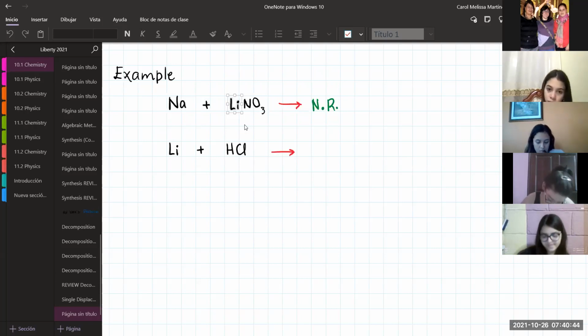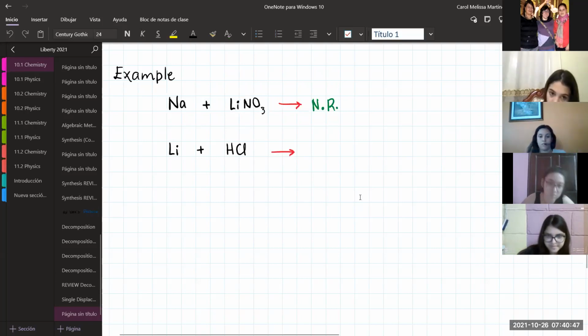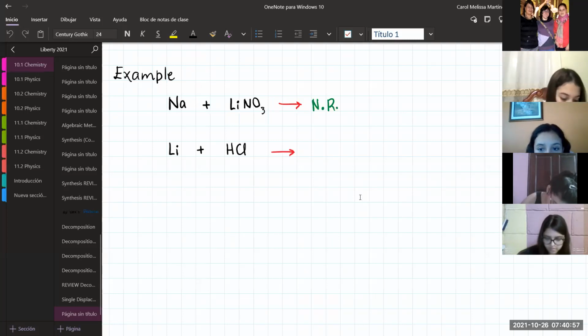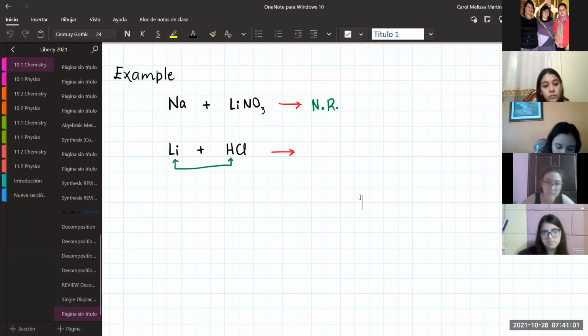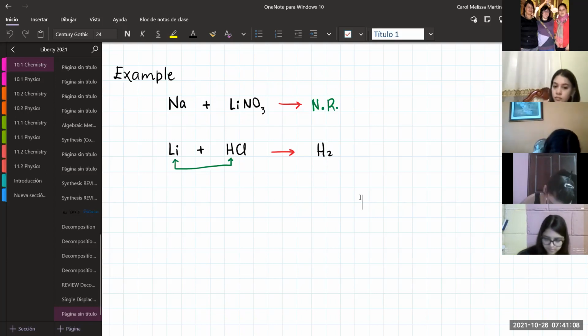What about lithium with acids? Is this reaction going to occur? Yes. So that means that lithium and hydrogen are going to swap positions. Hydrogen now will be alone, so hydrogen is diatomic, and lithium will be combined with chlorine.